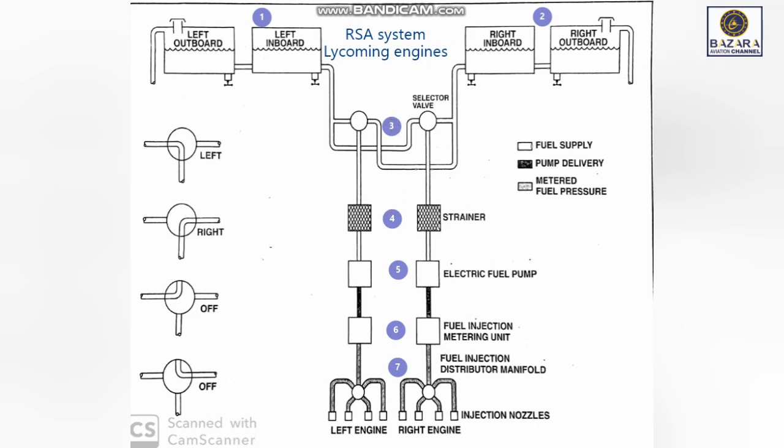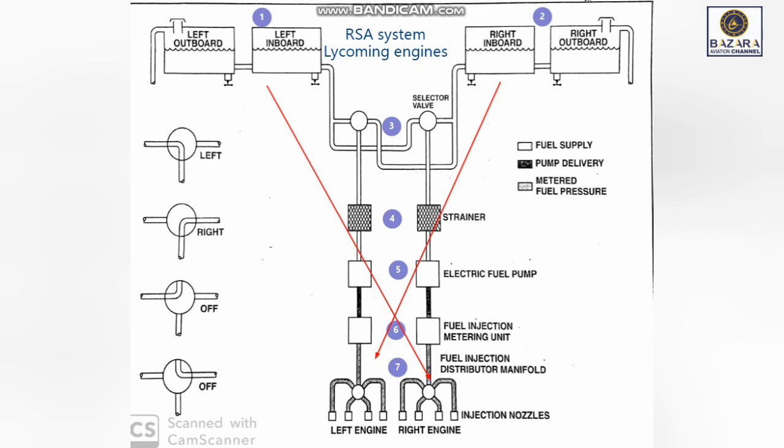What's the meaning of cross feed system? That means the right tanks can feed the left engine and the left tanks can feed the right engine from the selector valve, and it's called cross feed system.